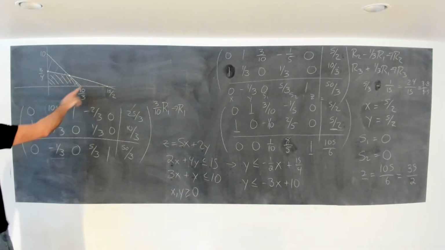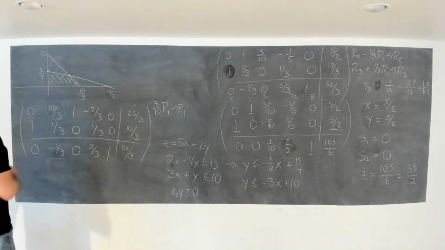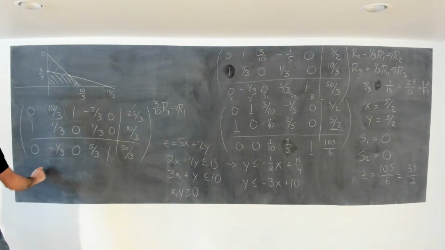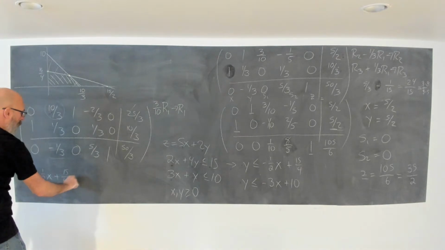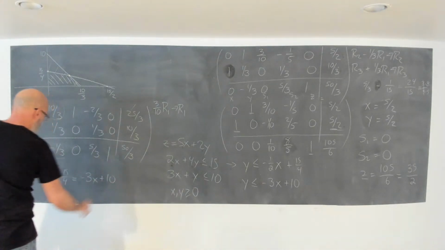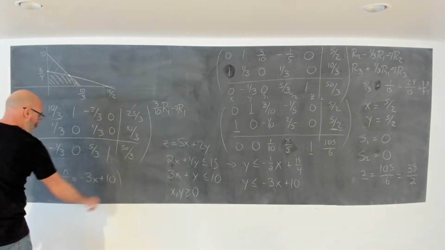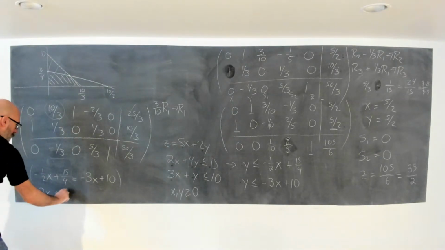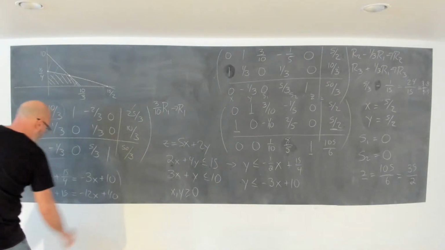Right, so this is our feasible set. Let's work out the point of intersection when minus 1/2 x plus 15 over 4 is equal to minus 3x plus 10. Do we want to multiply everything by 4? So we get minus 2x plus 15 is minus 12x plus 40.